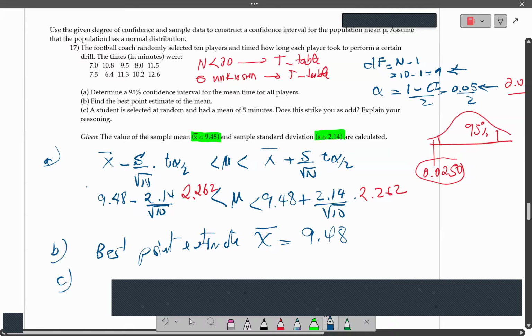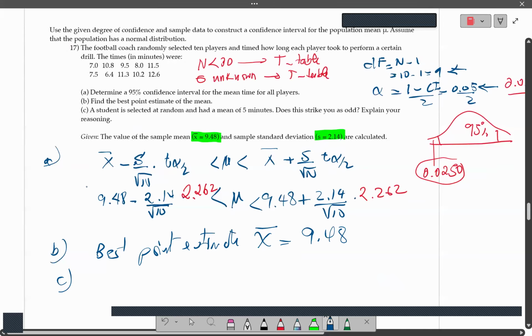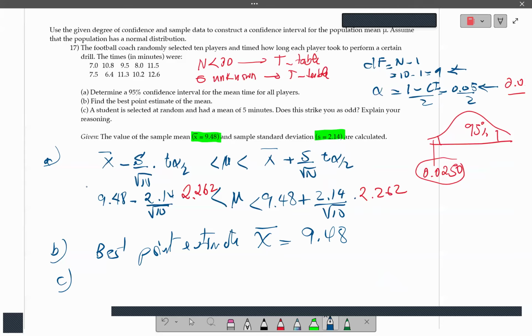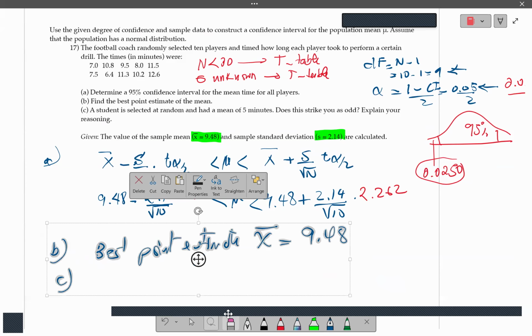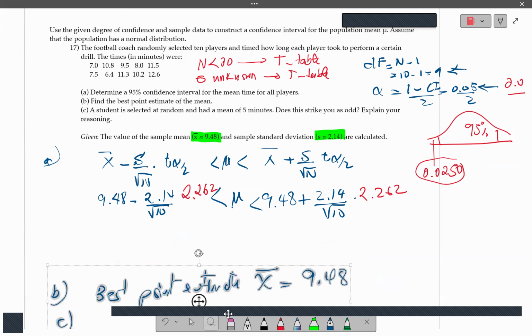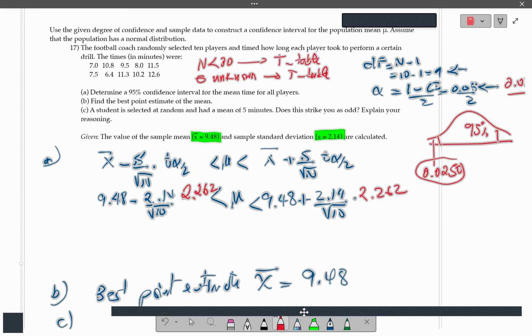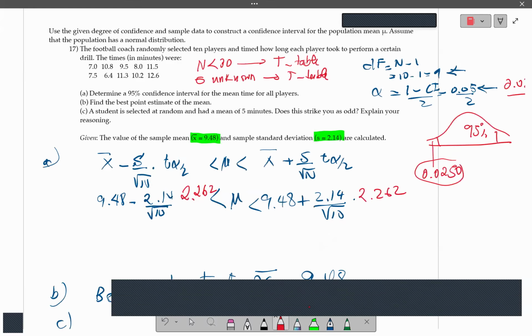All right, so a student is selected at random and had a mean of 5 minutes. Is 5 minutes good or bad? In order to answer this, I need A. So let me do the calculation since nobody wants to participate here.